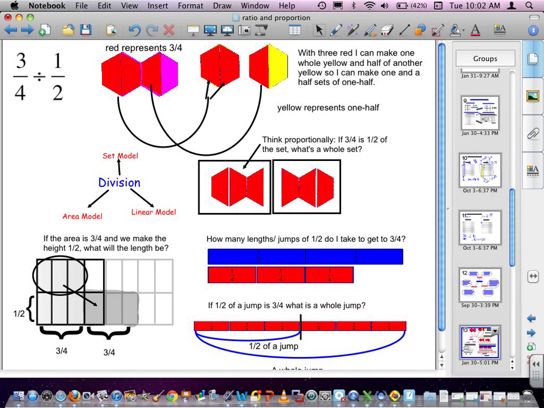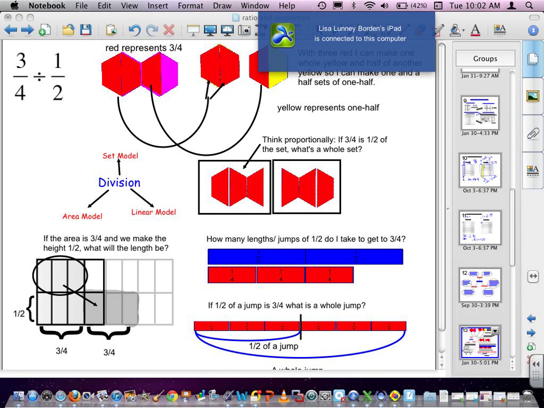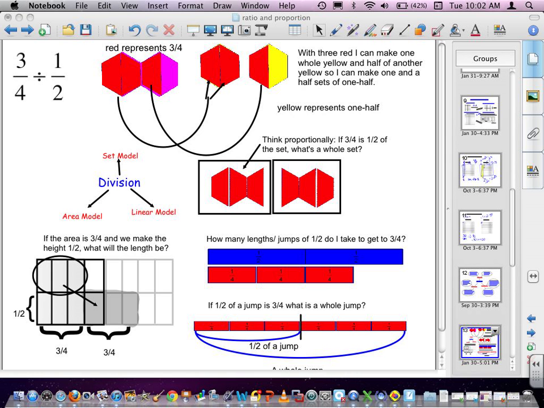When I think about 3/4 divided by a half, I could write that as 3/4 over 1/2, right? That would be the same thing. 3/4 divided by a half is the same as 3/4 over 1/2.